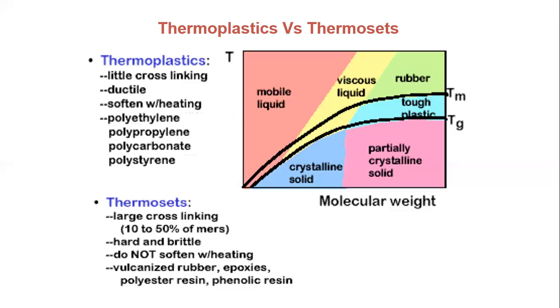Coming to below the glass transition temperature, we have two phases. First one is the crystalline solid, and second one is the partially crystalline solid. So these two conditions are the same, but coming to the three phases above the melting temperature curve, there is the mobile liquid, which is going to form as a solid.